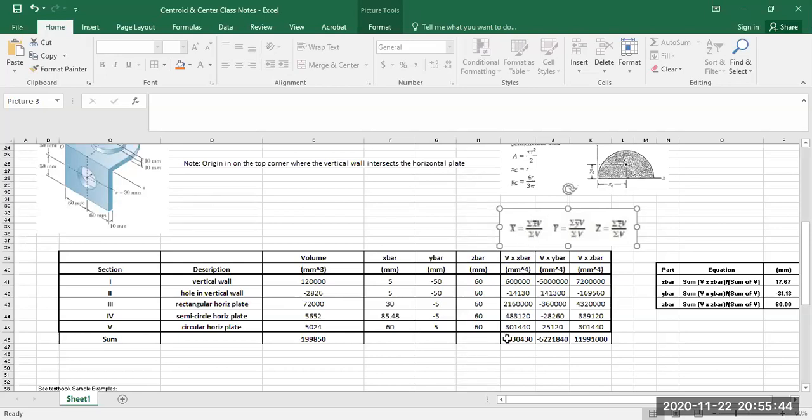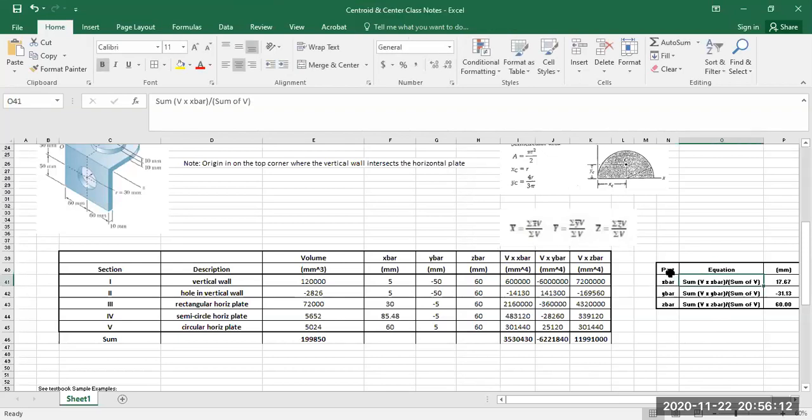I totaled them all up, and notice that the negative volume is still coming out here. So I summed up the total x bar times the volume, y bar times the volume, z bar times the volume, and then I totaled the volume here. So what I want to do is take this total and divide it by the total volume. And that's what I did here.